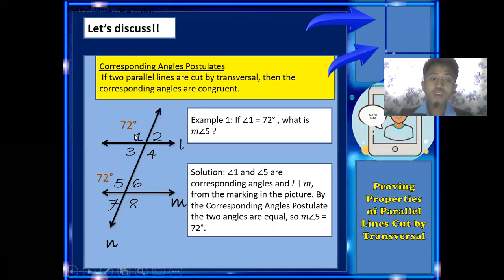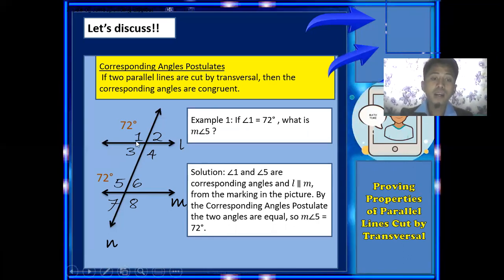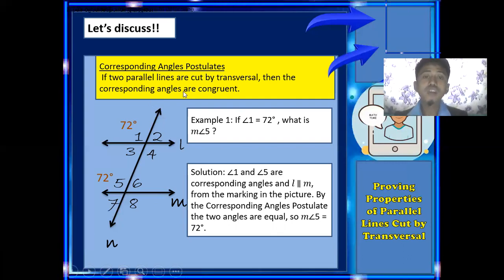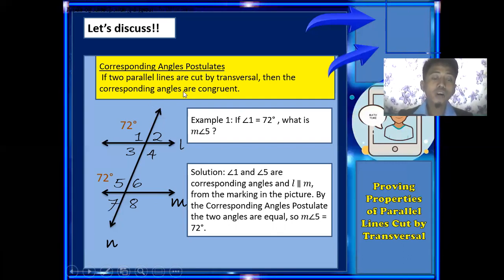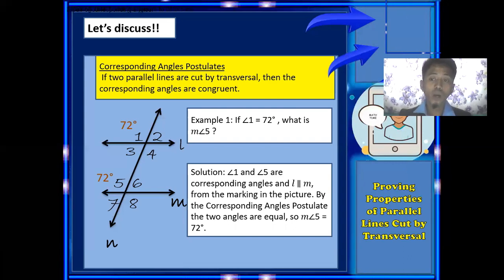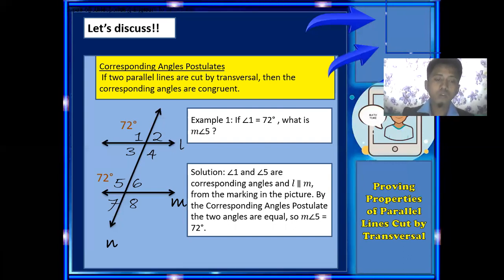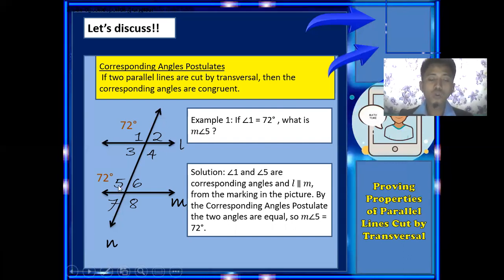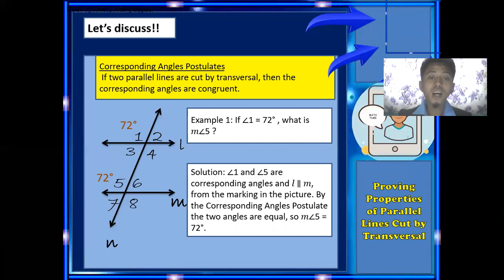Why? Because angle 1 and angle 5 are corresponding angles, and based on the corresponding angle postulate, the measurements of corresponding angles are always congruent. So if angle 1 is 72 degrees, angle 5 is also 72 degrees, since they are corresponding angles. Do you have any question?